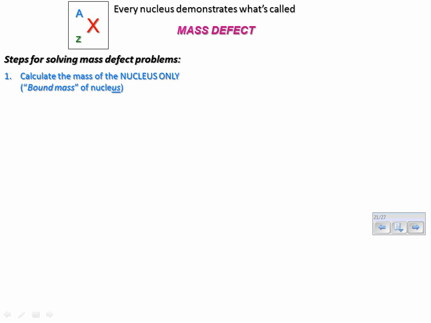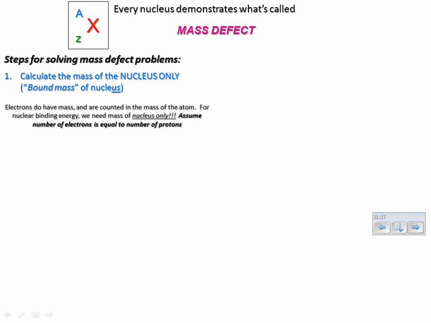First, we want the mass of the nucleus only, what we call the bound mass. That's the stuff all together. We have to take the atomic mass, which includes protons, neutrons, and electrons, and get rid of the mass of the electrons.